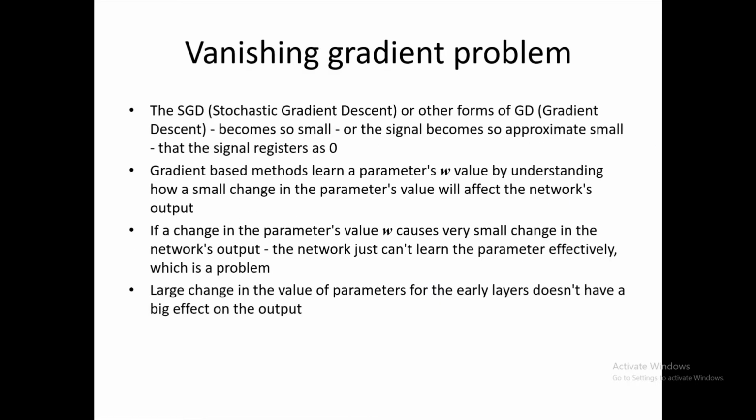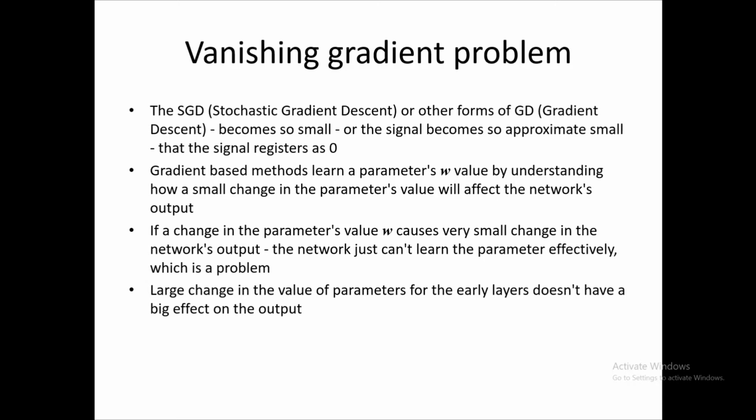While talking about gradient descent, there is one problem which we call the vanishing gradient problem. This usually occurs in stochastic gradient descent or other forms of gradient descent. The signal becomes so small that it registers as 0.